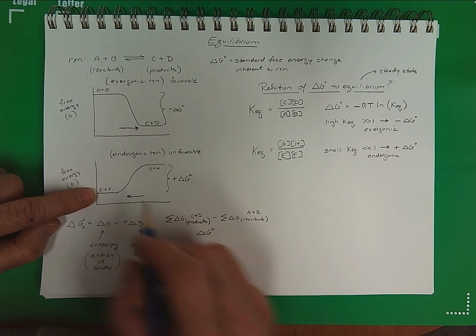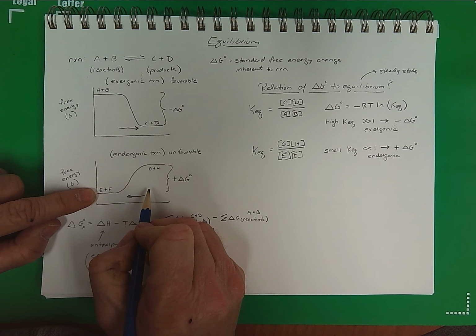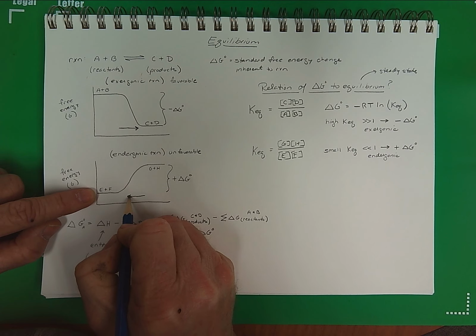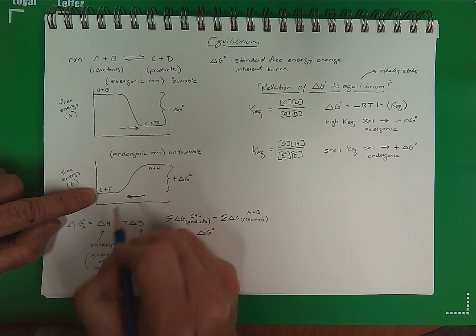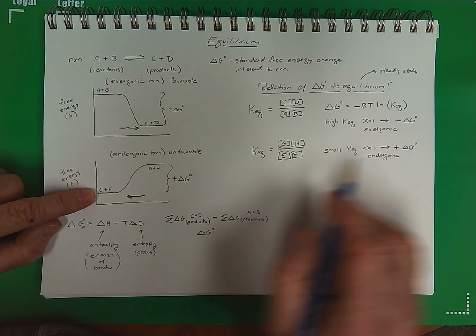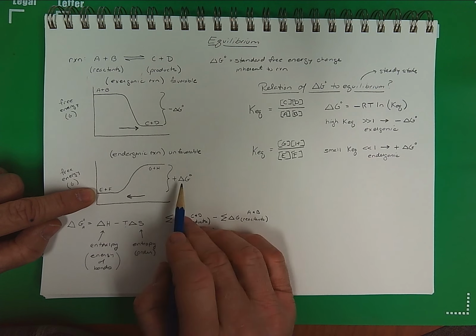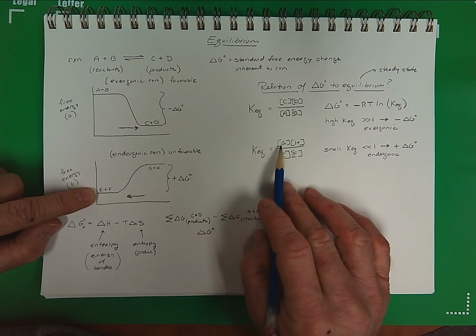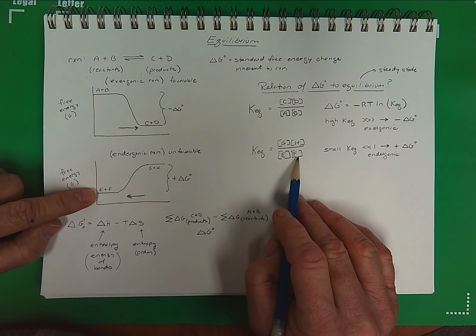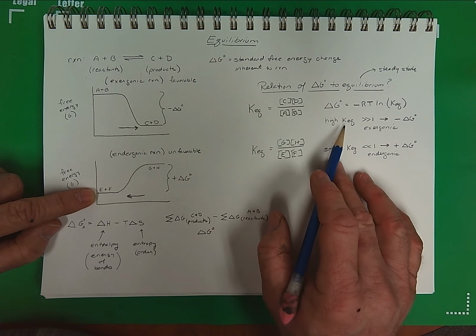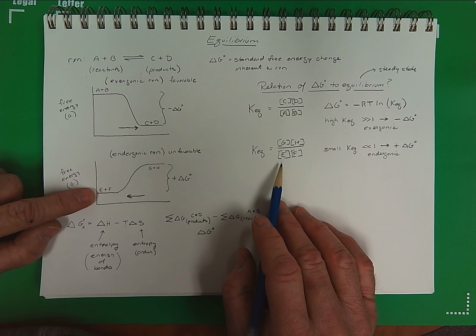This is an endergonic reaction moving in this direction. So therefore, the reaction is going to be favorable in the opposite direction, because this would be the negative delta G, which is the inverse of this equilibrium constant, which would be a high equilibrium constant.